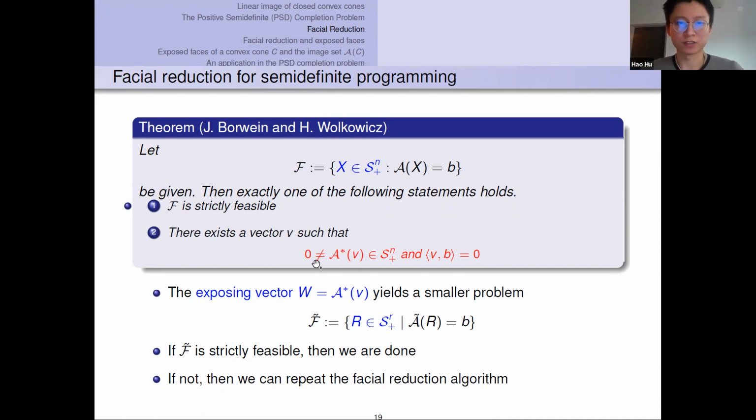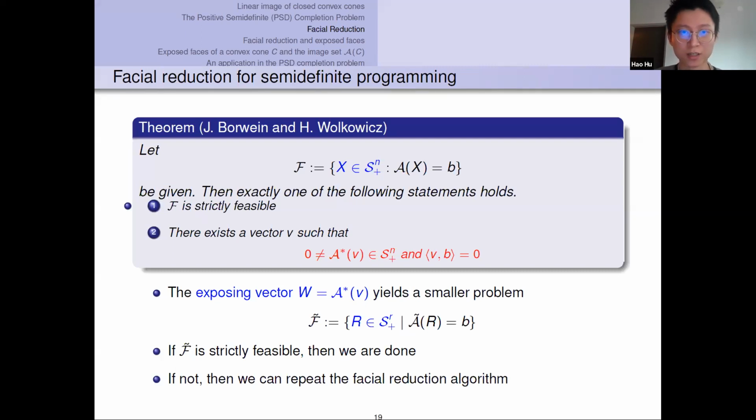And as we just discussed, by solving this auxiliary system, we obtain the exposing vector W, which was the separating hyperplane in the last slides. And this separating hyperplane gives you a rotation, with which you can discard the extra zero redundant block to obtain a smaller problem. Now, once we get a smaller problem, if it is strictly feasible, then we are happy. And if not, we can repeat this procedure on the smaller problem until we obtain a strictly feasible formulation.